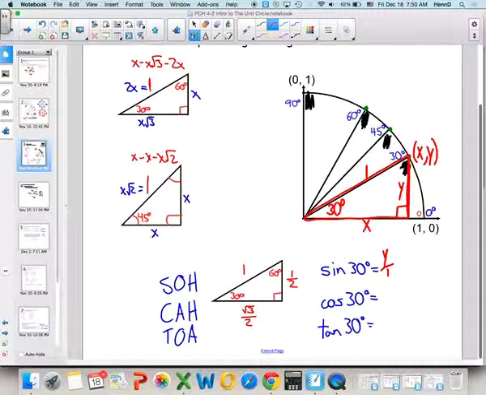You can use your calculator to find what the sine of 30 degrees is, and you'll find it equals 0.5. Obviously, y over 1 is just y, so y is 1/2.